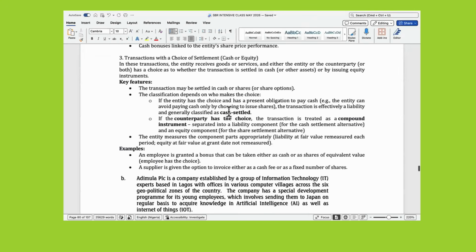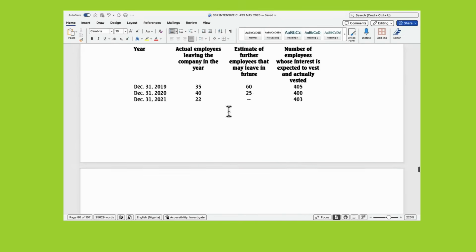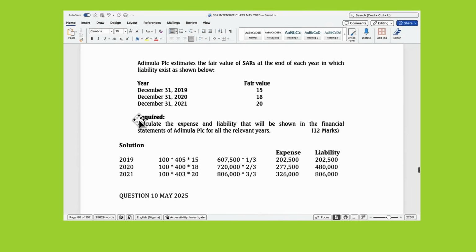Okay, so the B part of this question asks us to calculate the expense and liability that will be shown in the financial statement of Adimula PLC for all relevant years. For all relevant years.